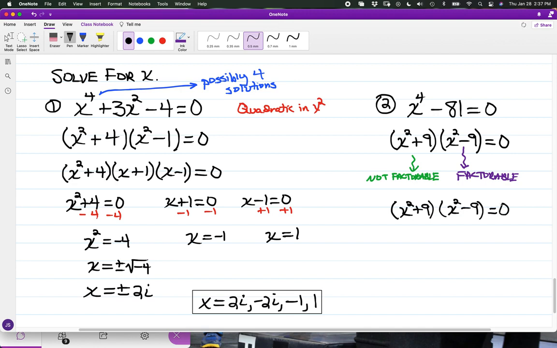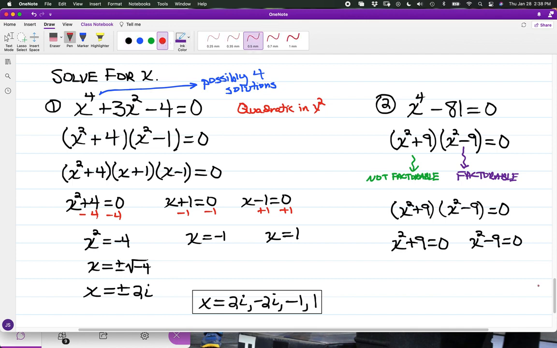Okay, so if I go ahead and set both of these equal to 0, so I have x squared plus 9 is equal to 0, and I have x squared minus 9 is equal to 0.